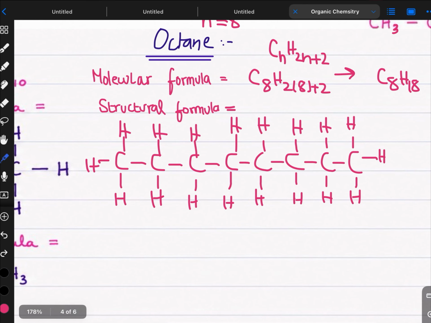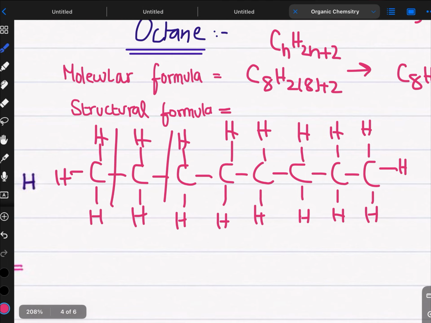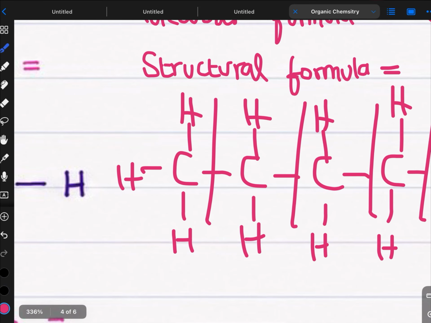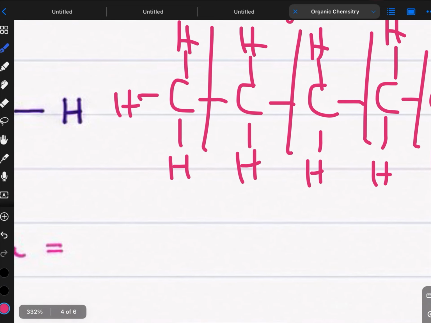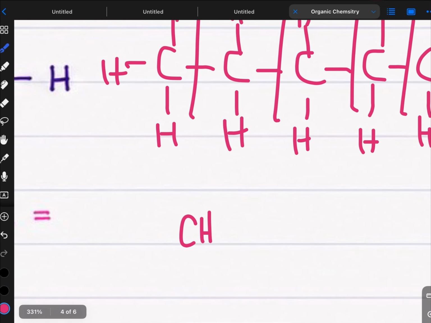We have to separate these carbons together. I'm gonna just put in the lines between them. This C has 3H to be written along with it, so it's gonna be CH3. One line.